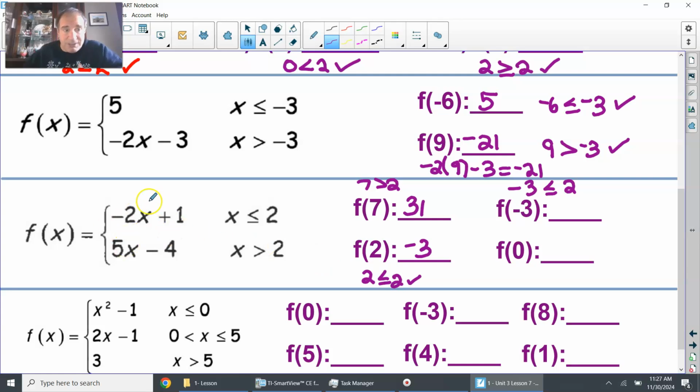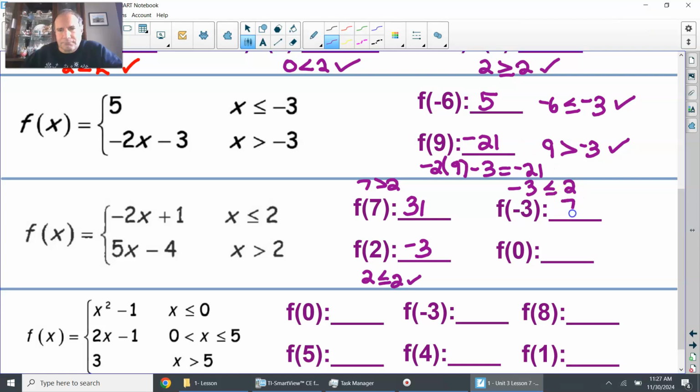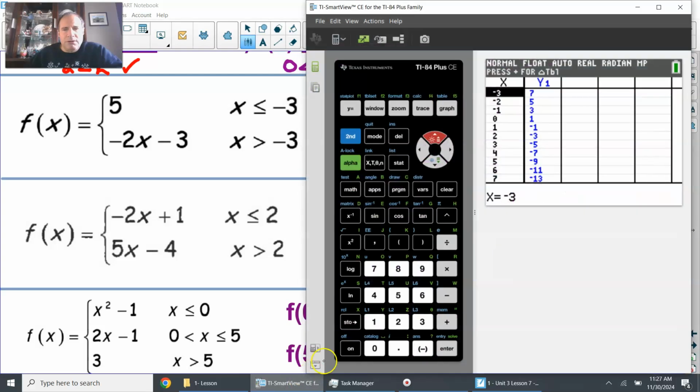So that's why I'm using negative 2x plus 1. So now I have to go to negative 3 and see what my output is. Negative 3 input, output 7. And then 0 is less than or equal to 2. So we go to 0, and 1 is my output.